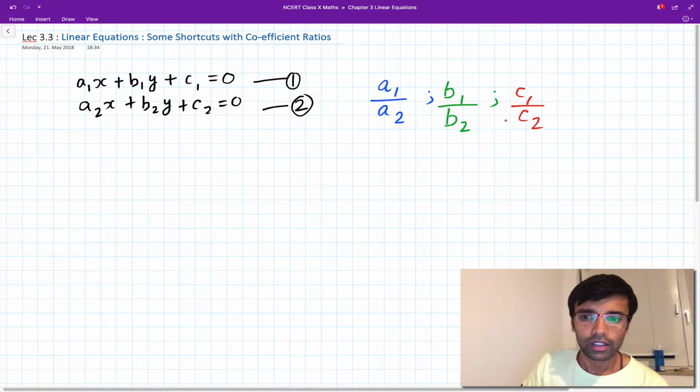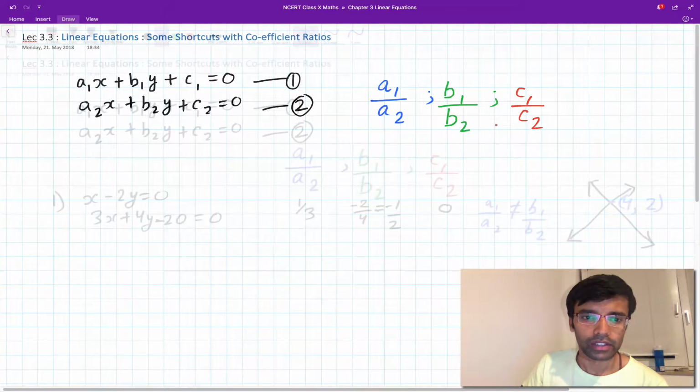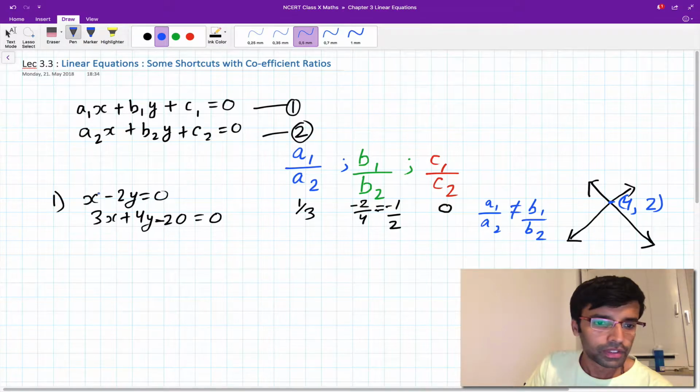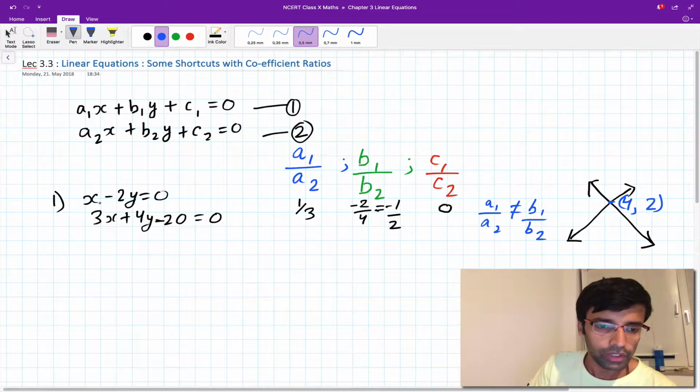So let us quickly look back at the examples that we solved in the last lecture. Let us first have a look at the first example. The first equation that we had was x minus 2y is equal to 0, and the second equation was 3x plus 4y minus 20 equal to 0.